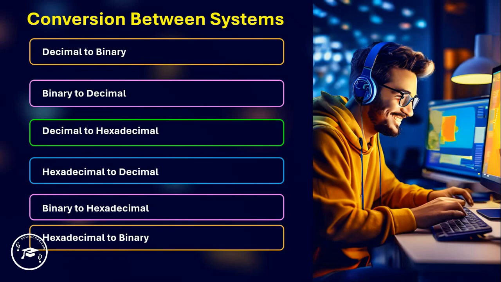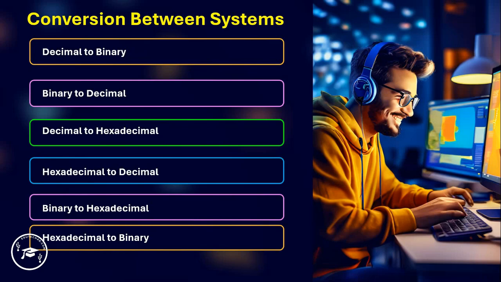Then we'll convert binary to hexadecimal. Then we'll convert hexadecimal to what? Binary. Isn't it cool? Yes. So let's get straight into our lessons. We are going to start with decimal to binary and then convert binary back to decimal.